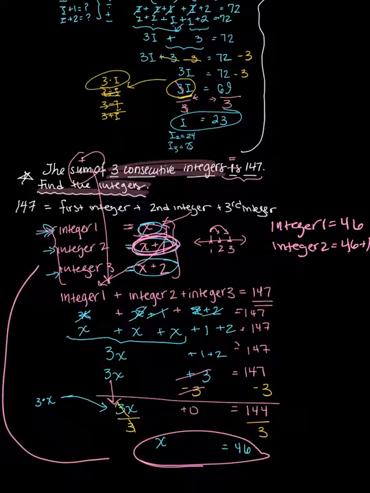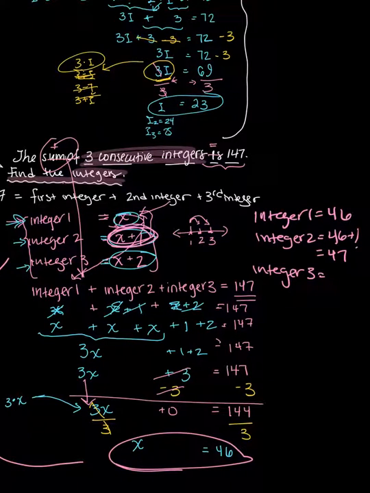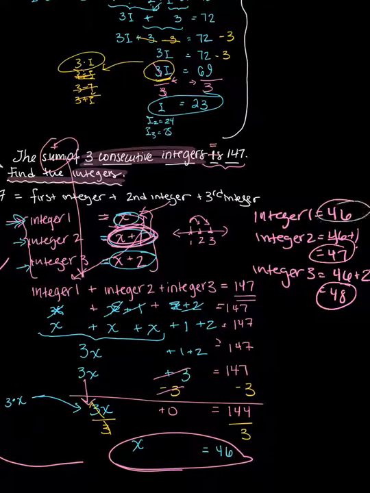So 46 for x plus 1. So integer 2 is going to be 47. Integer 3, remember they're consecutive, so they go back to back. So integer 3 is x plus 2. Well, x is 46, and I add 2 to it, and I get 48. So my 3 integers are 46, 47, and 48.